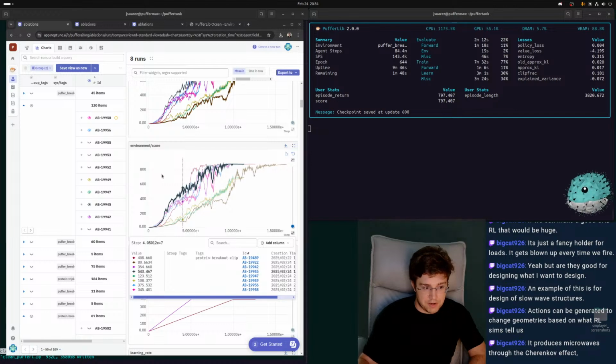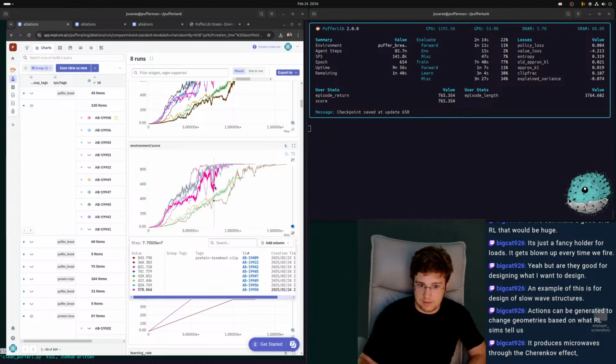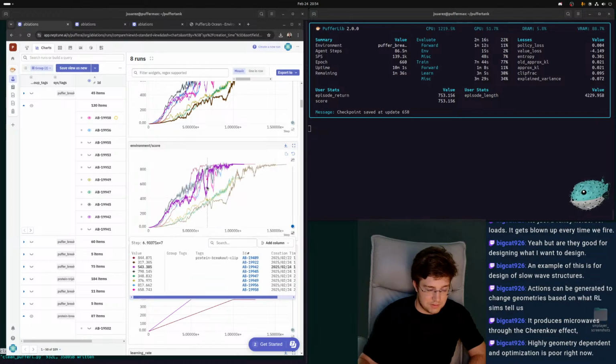It produces microwaves through some Russian name effect. Cherenkov? Cherenkov. Cherenkov is fun. It's cool. I might be able to RL some things.